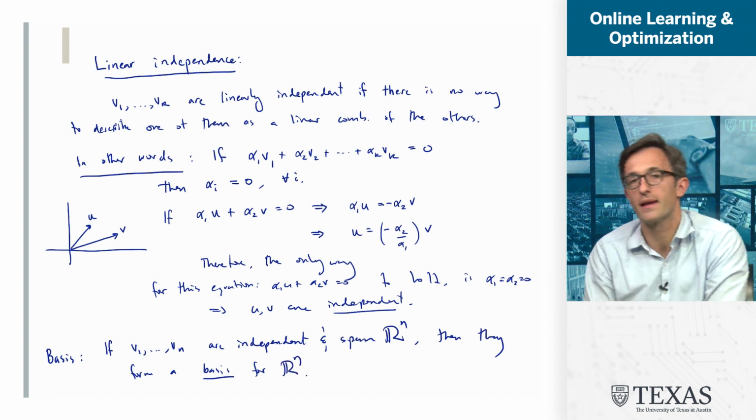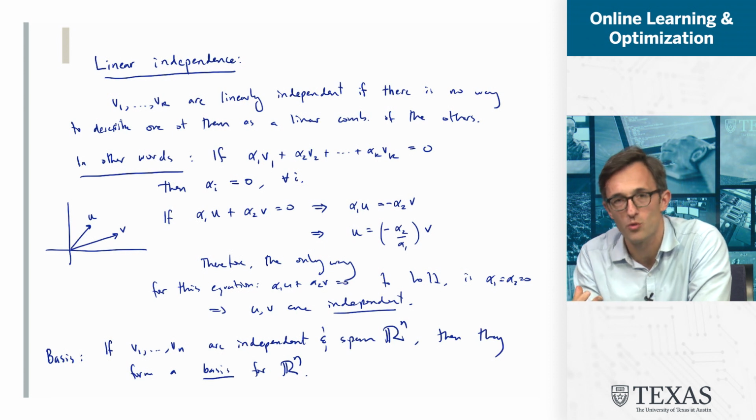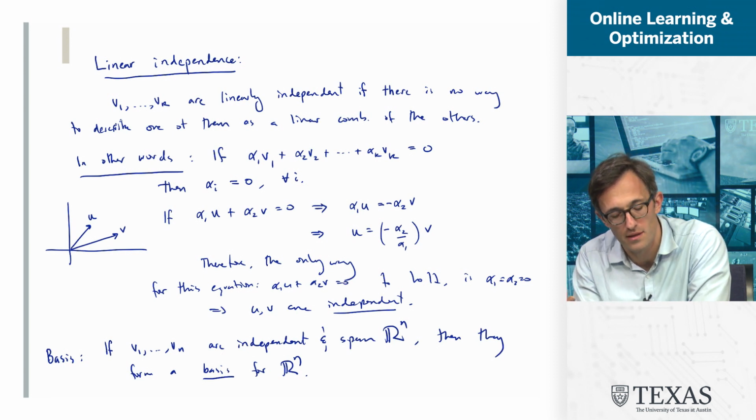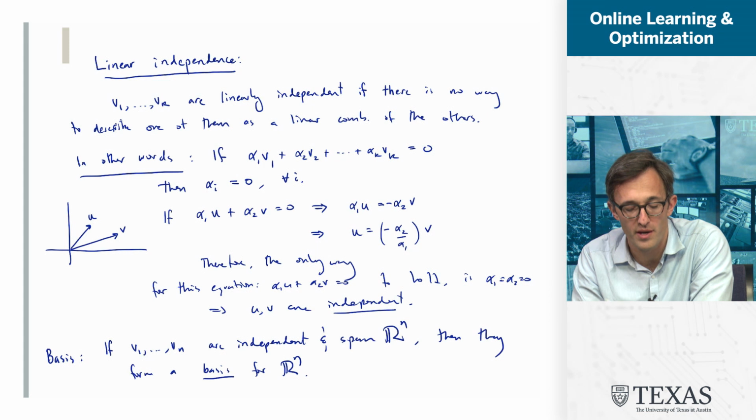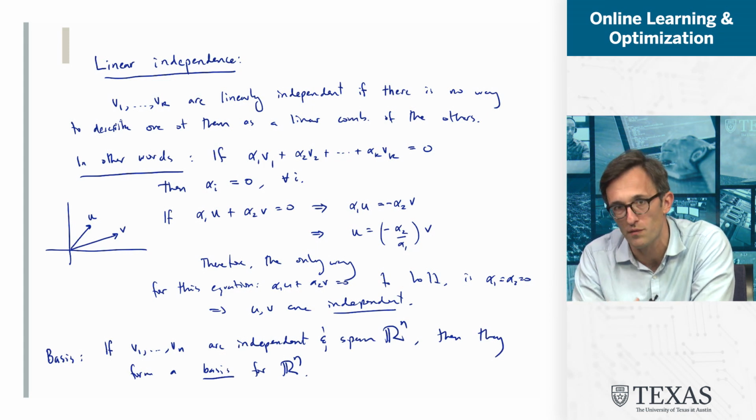So this gets back to our idea of a most parsimonious way to span a particular space. On the previous slide, we saw that we had 4 vectors that also span 2-dimensional space, but we didn't need all of those 4 vectors, we needed just 2.